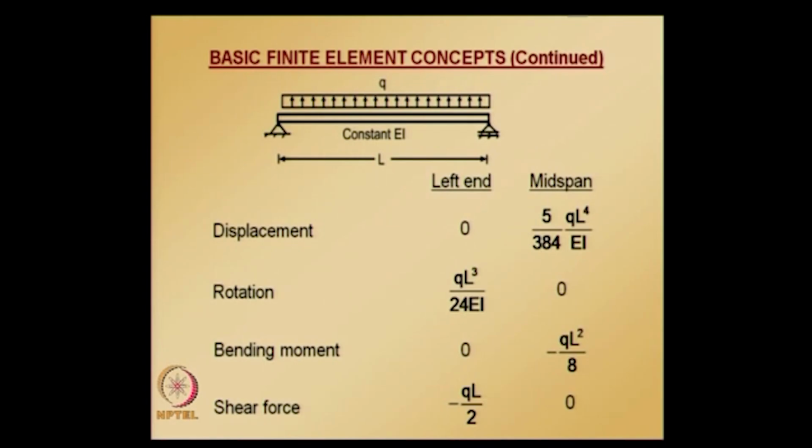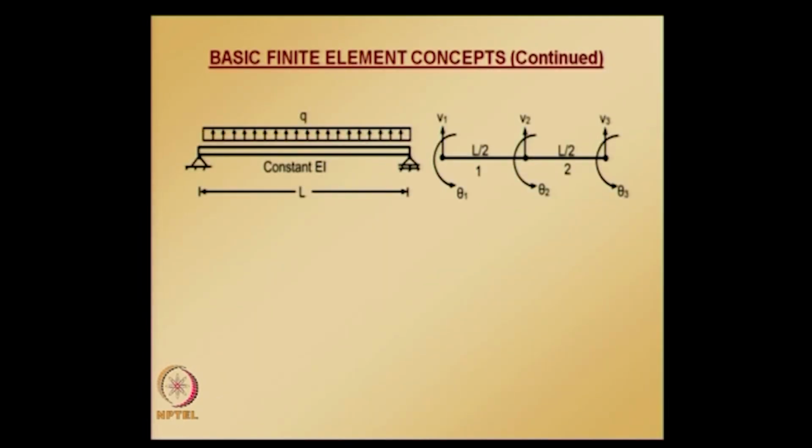Now let us see how the solution looks if I apply the finite element method using 2 elements, and what the accuracy of the solution is. The problem is solved using the standard finite element procedure that we developed, with a 2 element model. Both elements are of equal length, 0.5 L, where L is the total length of the simply supported beam.